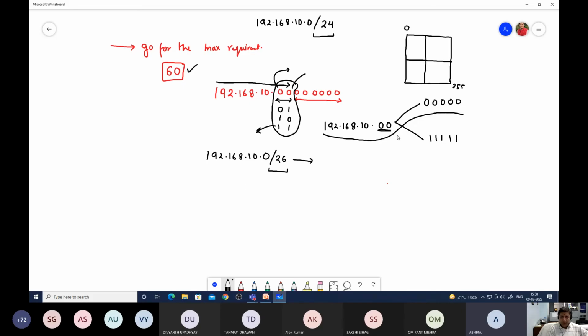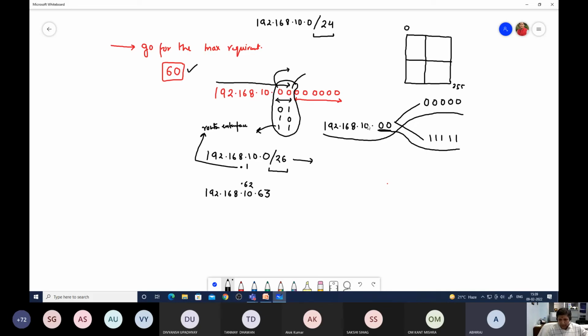What is the broadcast ID? This would be the broadcast ID. What is this number? 192.168.10.63. And from .1 to .62 can be valid host IDs. .1 will be provided to the router interface which is connected to the LAN.